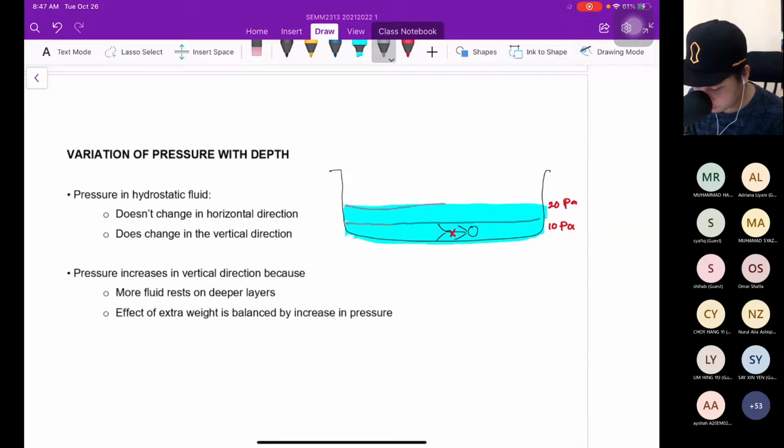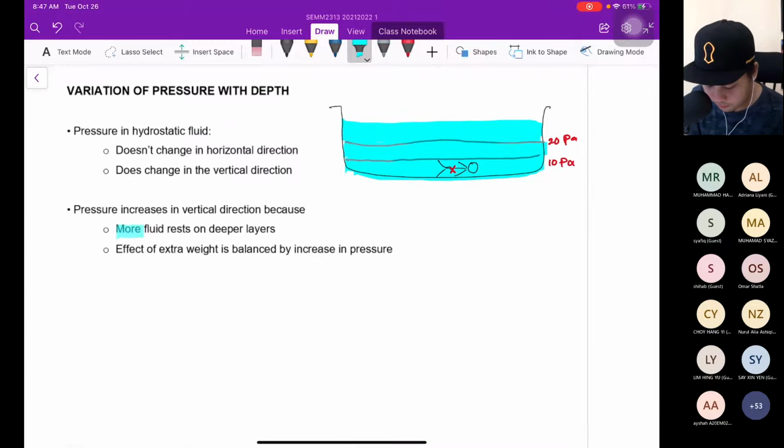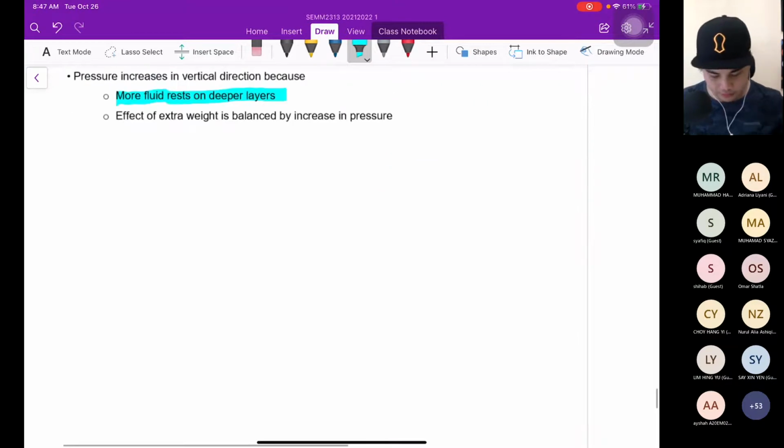So the more you fill the water, the pressure keeps increasing. Why? Because more fluid rests on the deeper layer, and the extra weight is balanced by the increasing pressure. So that means because of the deeper layer, you will have the extra weight.